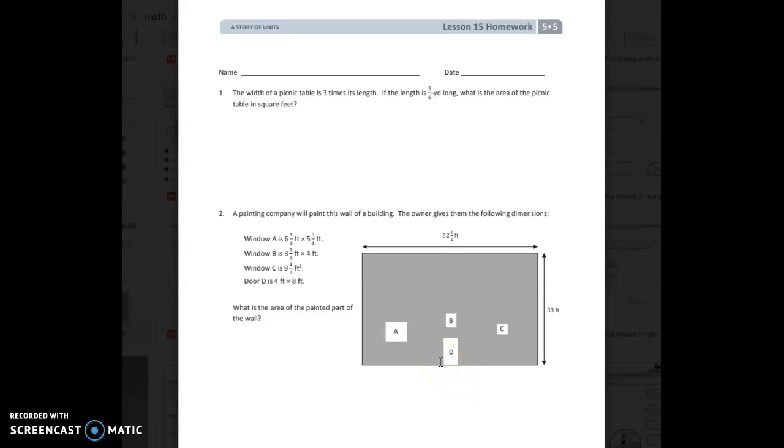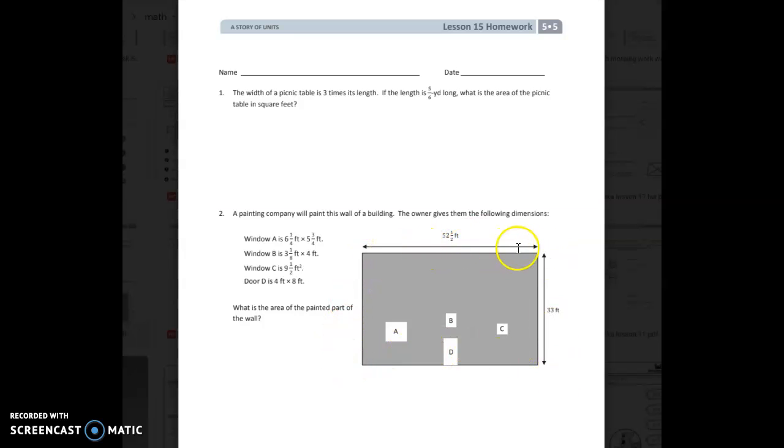Now, you will have to solve for each one of these letters. As you can see, when you're painting the wall of the building, are we going to paint the windows and the door? No, we're not. So we're going to have to find the area of each of these 4 shapes. And are we going to add, subtract, multiply, or divide that from the total area of this wall?